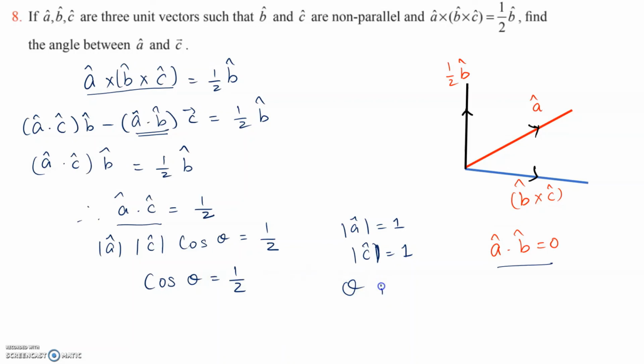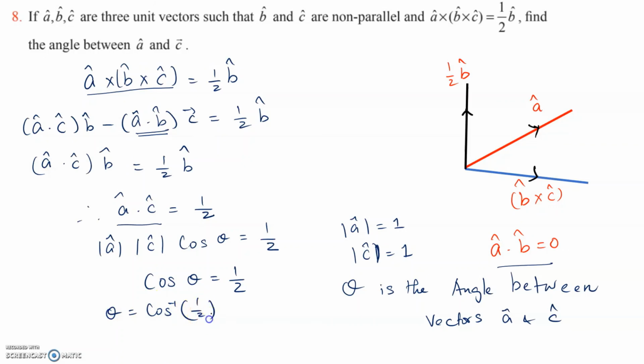Now theta is the angle between vectors A cap and C cap. So theta is equal to cos inverse of 1 by 2, which is equal to pi by 3.